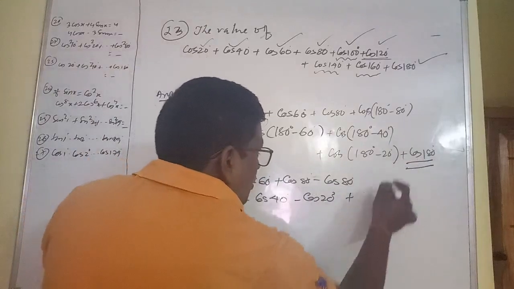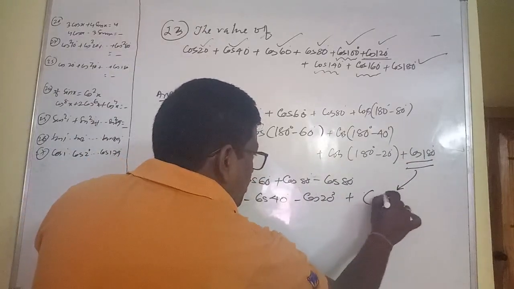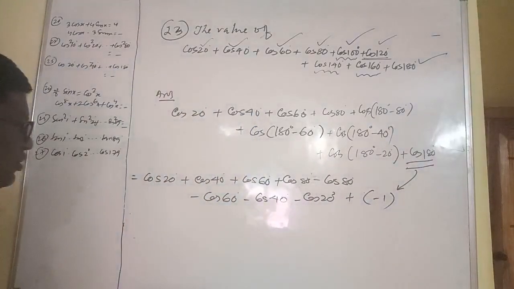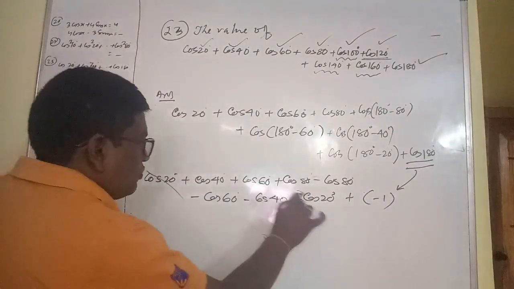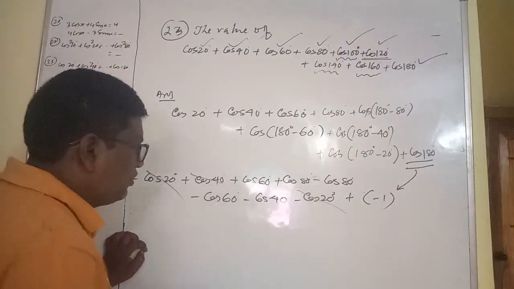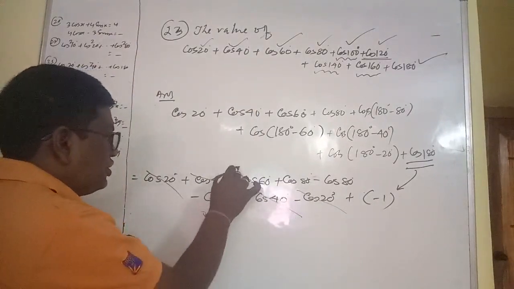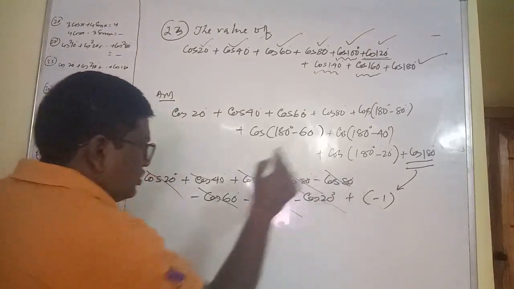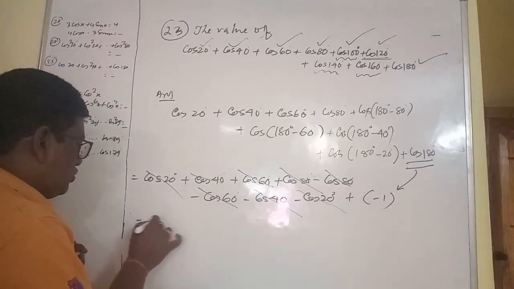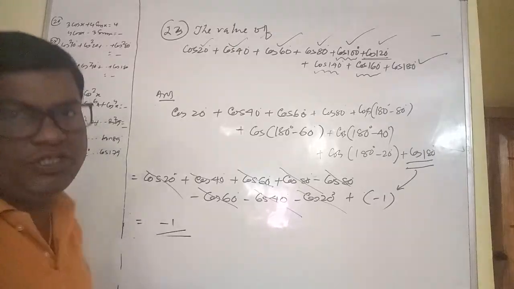What is the value of cos 180? Cos 180 value is minus 1. Here cos 20 minus cos 20, cos 40 minus cos 40 degree, cos 60 degree minus cos 60 degree, cos 80 degree minus cos 80 degree. This is equal to the final answer, which is minus 1. Value is minus 1.